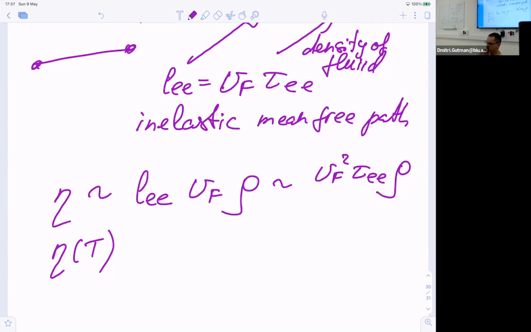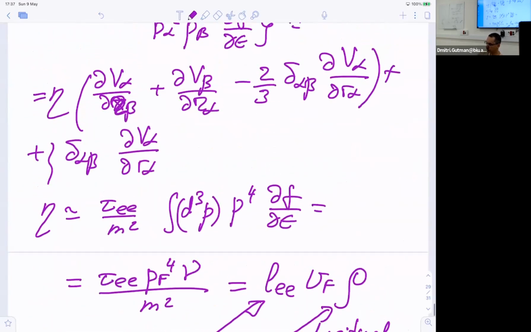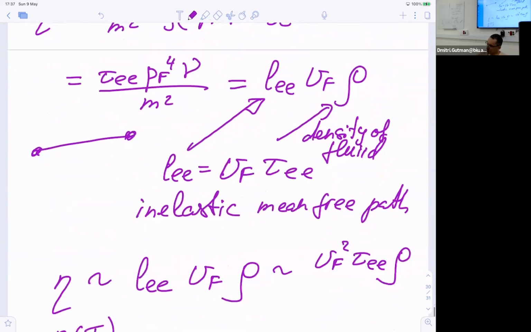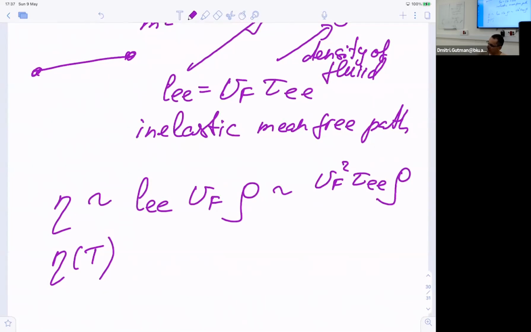Can you scroll up? Well, the mu, this like. But let's look at the final result. So both parameters here are temperature dependent and both are not. Rho is temperature dependent.